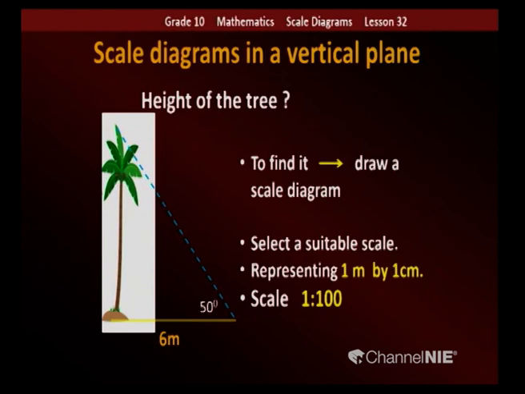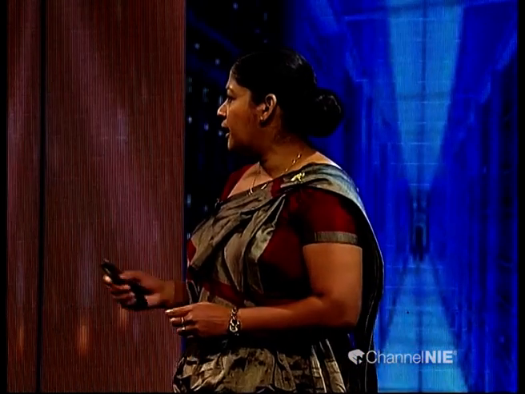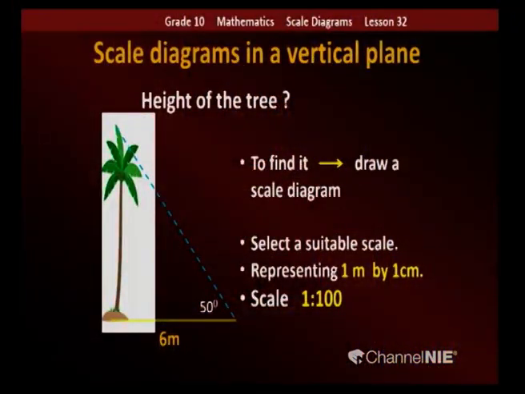Now, our question was how to measure the height of the coconut tree. Observe the diagram given here. Now, the angle of elevation is given as 50 degrees and the distance between the foot of the coconut tree and the person is 6 meters.